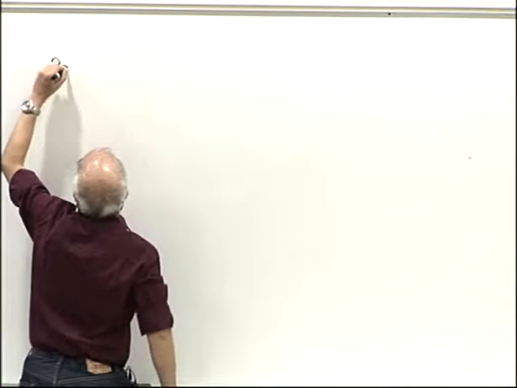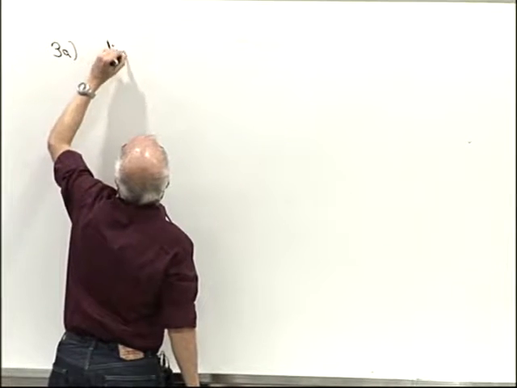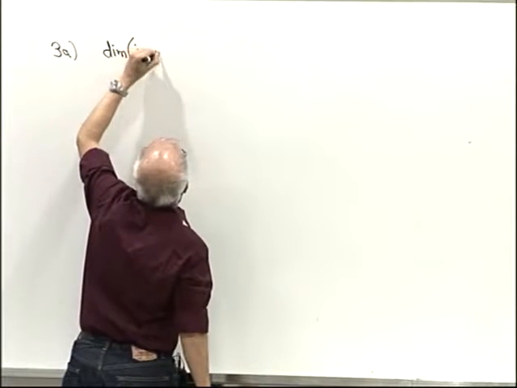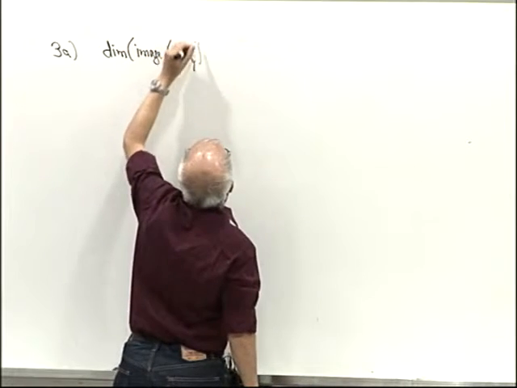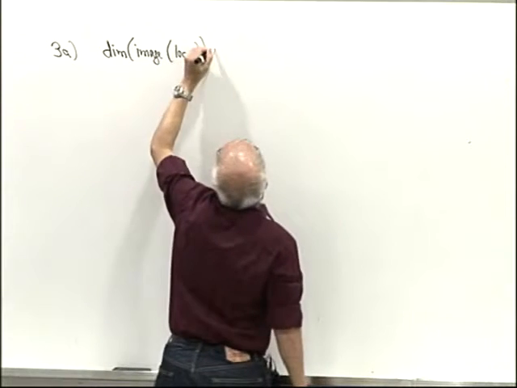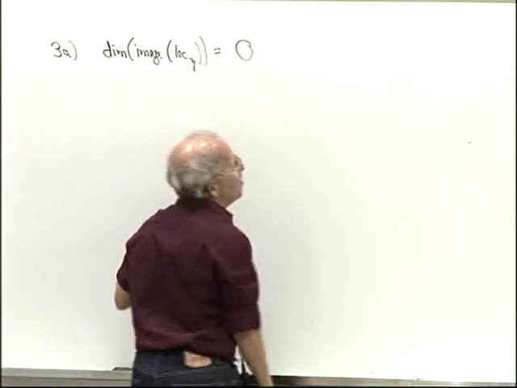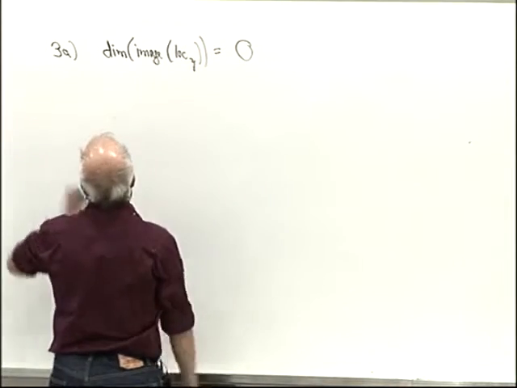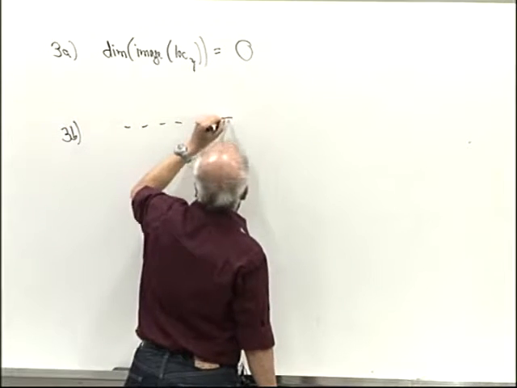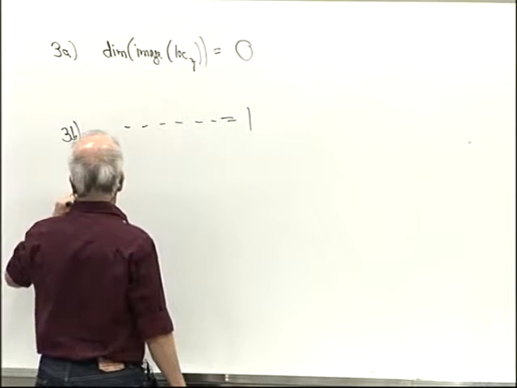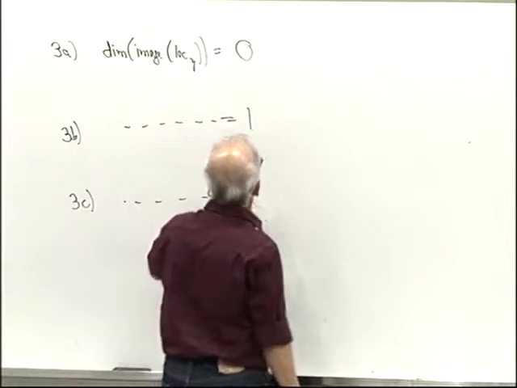So 3a, the dimension of the image of localization, well, it's 0. I'm going to save that case for last, in fact. 3b, the dimension is 1. 3c, the dimension is 2.